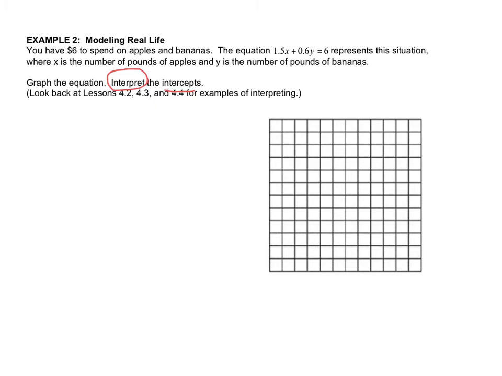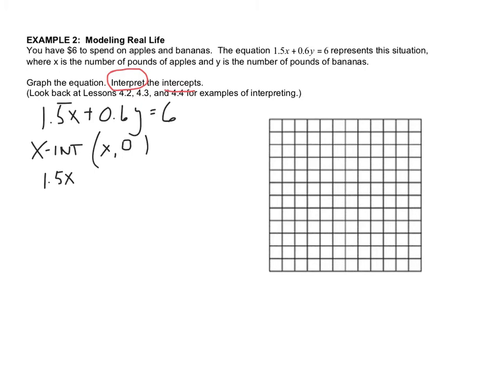So while it looks kind of complicated because we have these decimals, we can use the standard form to help this not be so difficult. Okay? So let's look at my intercepts. So the x-intercept. The x-intercept is some x when the y is 0. So in my equation, I'm going to keep the x as an x, and I'm going to replace the y with a 0.